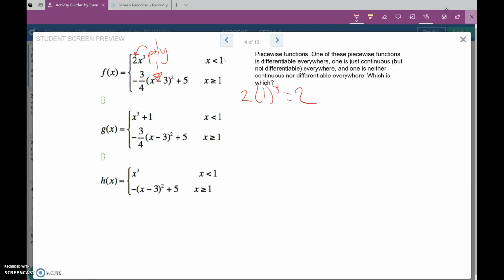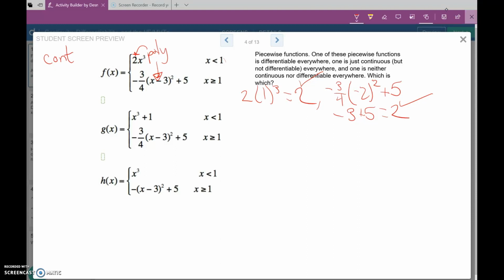And if I plug in 1 into the second equation, you get negative 3/4 times 1 minus 3, which is negative 2, squared is 4, plus 5. So negative 3 plus 5, and you get 2. So you do in fact get the same y value for both. So f of x is definitely continuous.